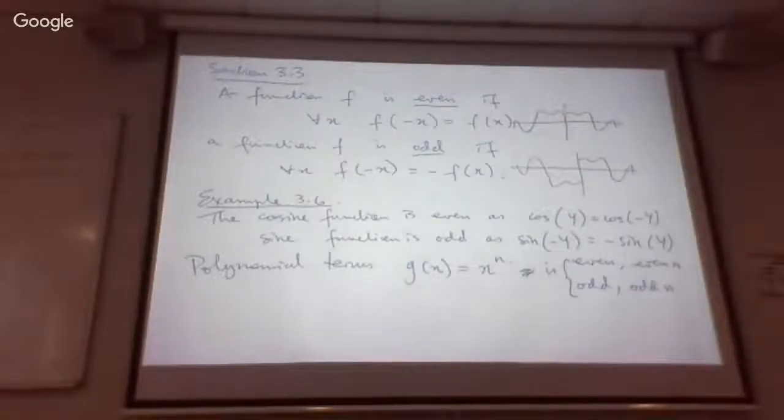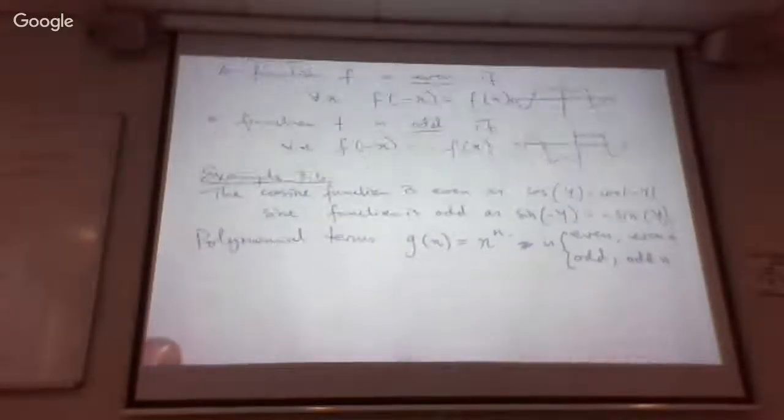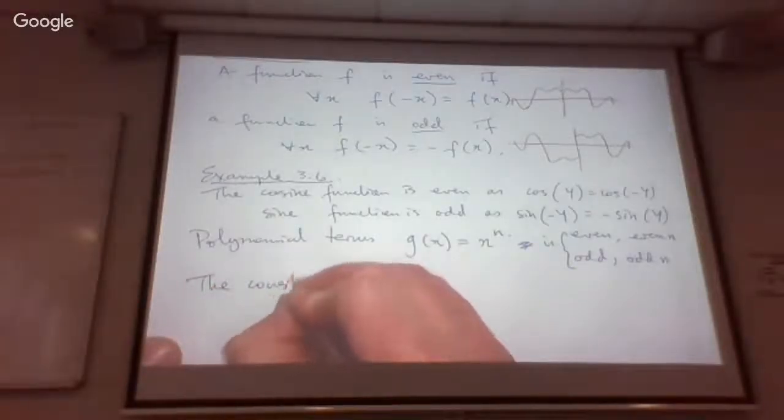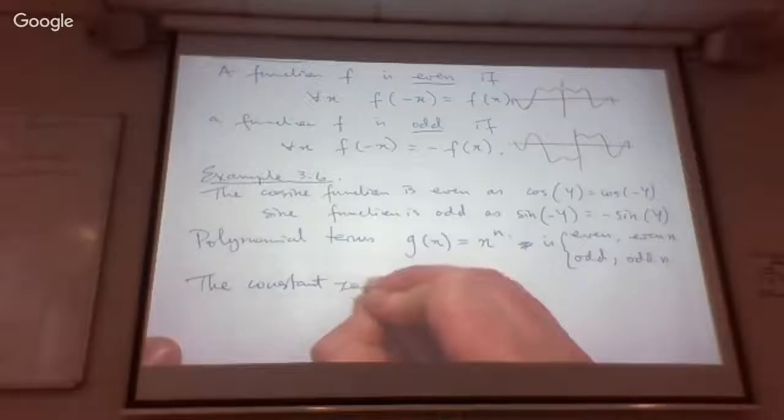Example 3.6 poses the question, is there a function which is both odd and even? Well, it says there is one function that's both odd and even: 0. Yeah, the constant 0 function. It's not an interesting, genuine example, but rather a trivial example.